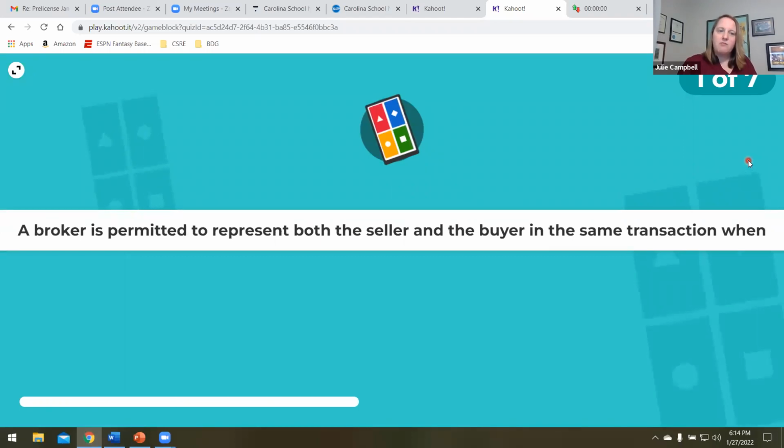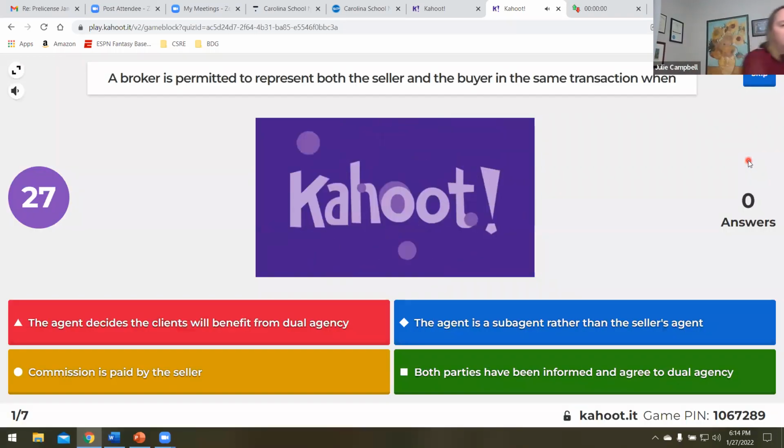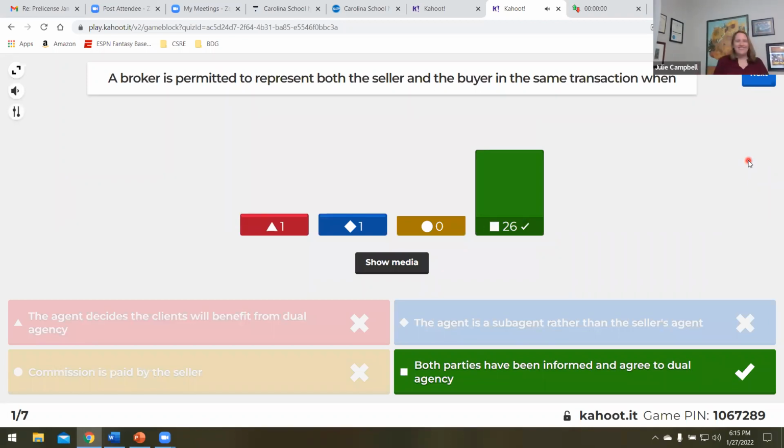Question number 1: a broker is permitted to represent both the buyer and the seller in the same transaction when, what do we know about dual agency?